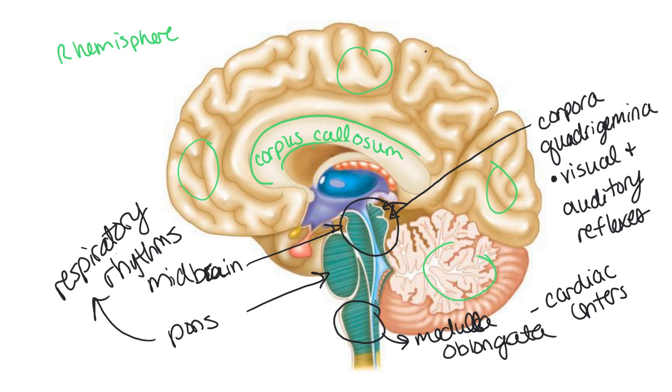So a lot of autonomic things that we don't really think about, the medulla and the pons will help us control. Again, things like blood pressure, heart rate, respiratory rhythms, vomiting. All of these things are monitored through the medulla, because through the medulla and the pons, there are a lot of our cranial nerves, which we'll talk about. They come from this area and they help with those things.